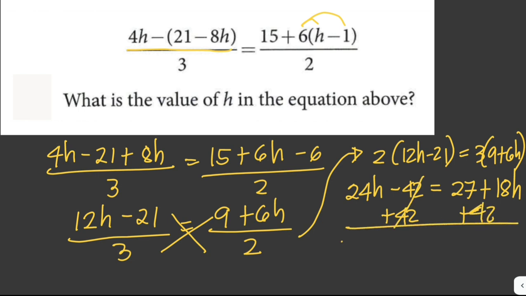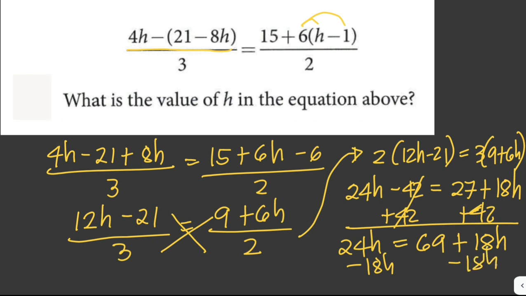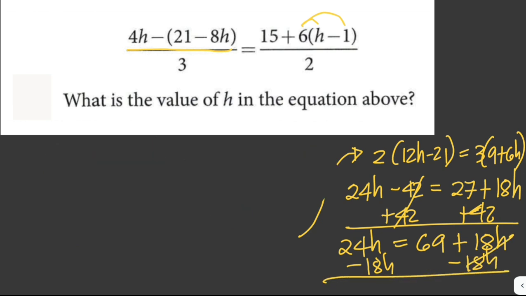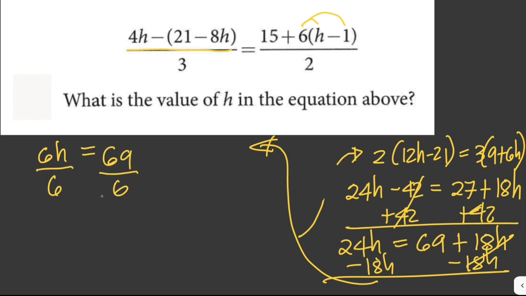This cancels out, so we have 24h equals 27 + 42, that is 69 + 18h, and then we subtract 18h from both sides. So we have 6h equals 69. And then we divide both sides by 6.